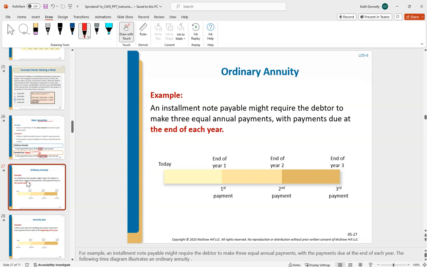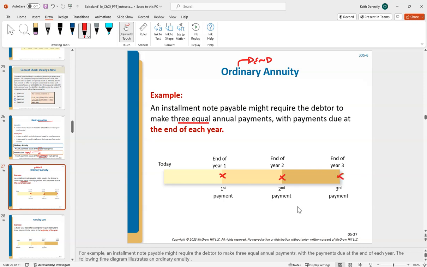All right, so let's look at an example of an ordinary annuity. We know the payment here is at the end of the period. It says an installment note payable might require the debtor to make 3 equal annual payments, with payments due at the end of each year. So here's the end of year 1, there would be a payment. Here's the end of year 2, there would be a payment.